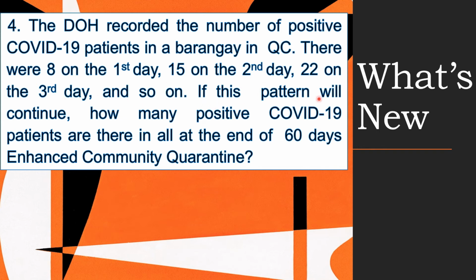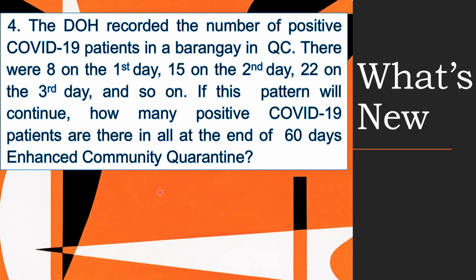If this pattern will continue, how many positive COVID-19 patients are there in all at the end of 60 days enhanced community quarantine? So, since we are asked to find the total number of positive COVID-19 patients, it means we're going to find the series.